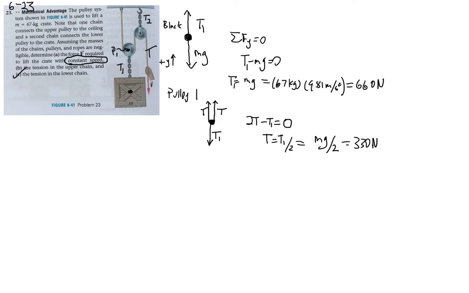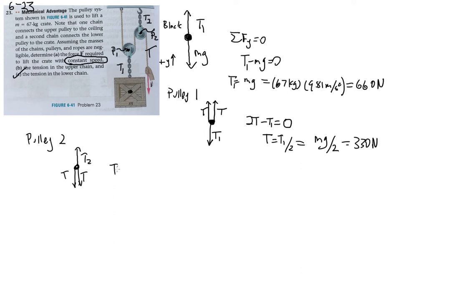Same thing up here for pulley 2. For pulley 2, we can set up the free body diagram in the other direction, where we have the chain tension T2 pulling up, and then two rope tensions pulling down, T and T. This should look a little familiar.